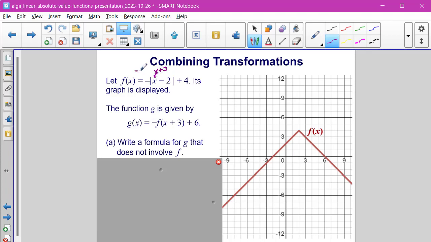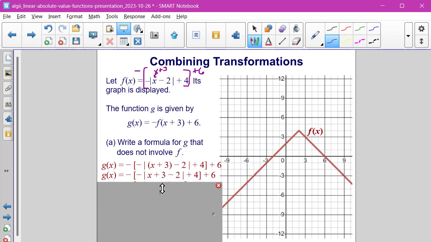We're going to have this negative out in front of this whole thing, and then we're going to add 6 at the end. So it's going to look something like this when we first set it up. The next step that we can do is remove this set of parentheses, because with addition and subtraction inside of absolute value, you're just going to execute it from left to right.